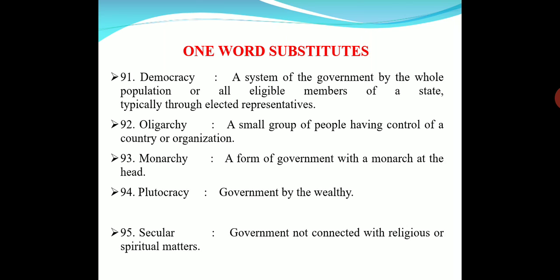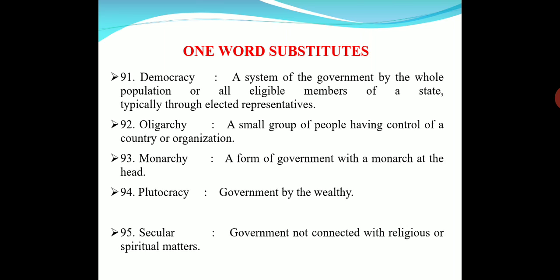Democracy. Democracy is a system of the government by the whole population or all eligible members of a state, typically through elected representatives. And oligarchy. Oligarchy is a small group of people having control of a country or organization.